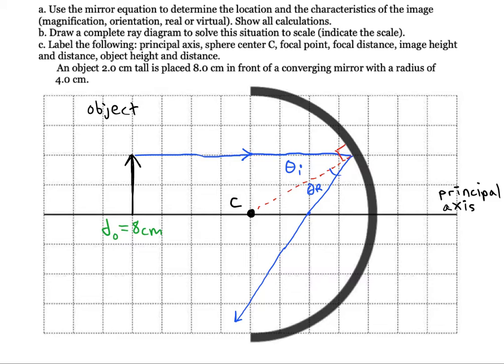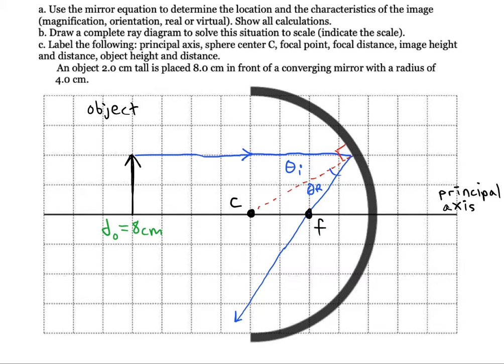But for the purposes of doing a mirror construction, we want the focal point that they bounce through to be half the distance of the radius. That is a good approximation as long as the object is small relative to the radius of the mirror.